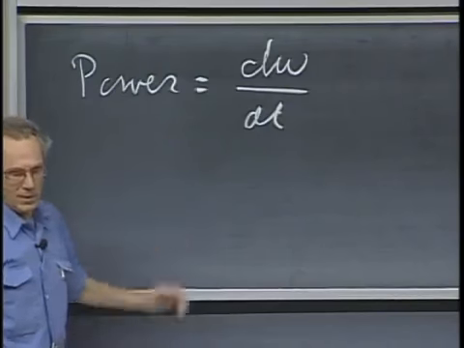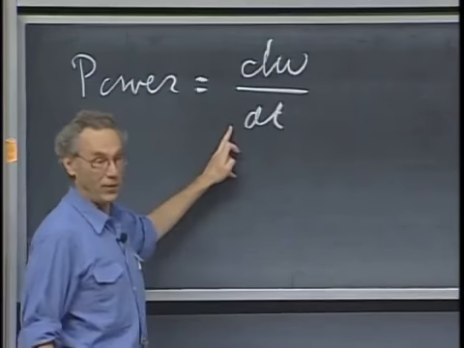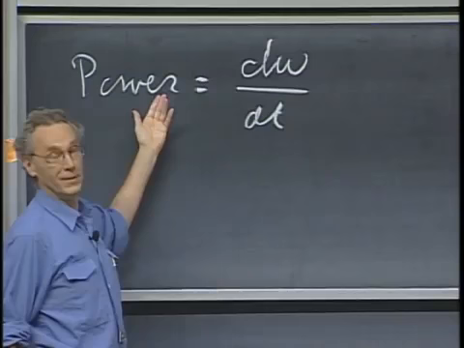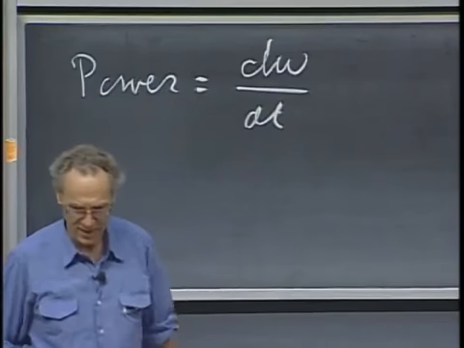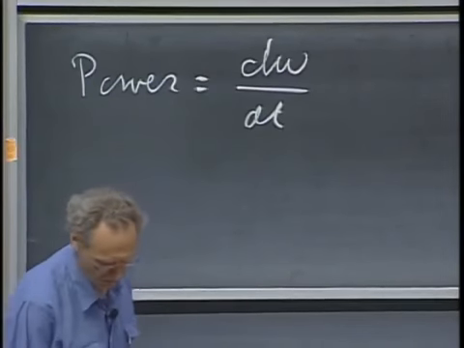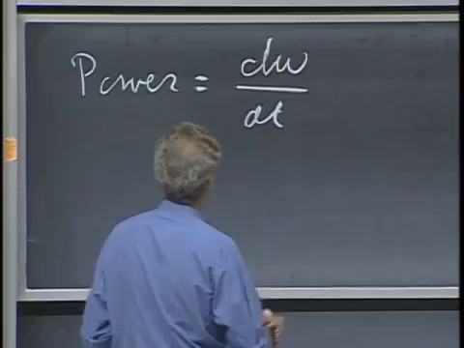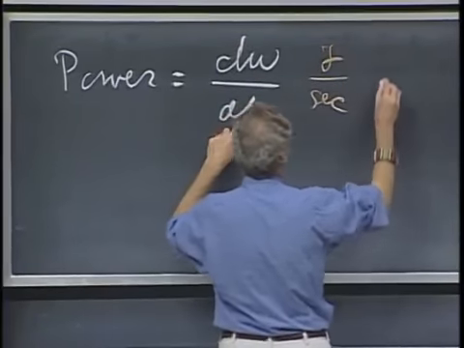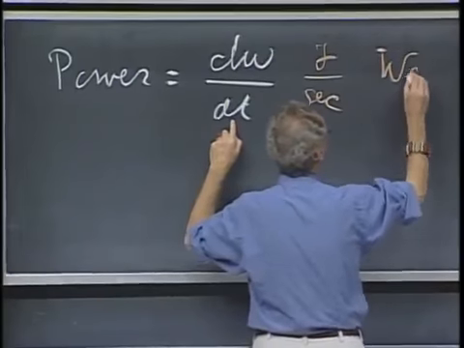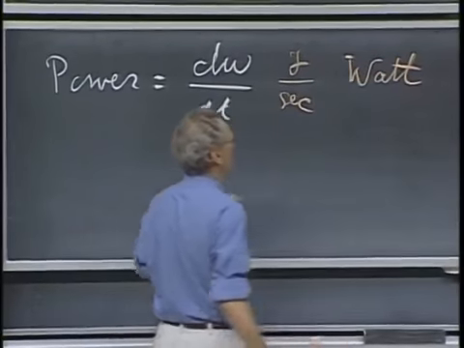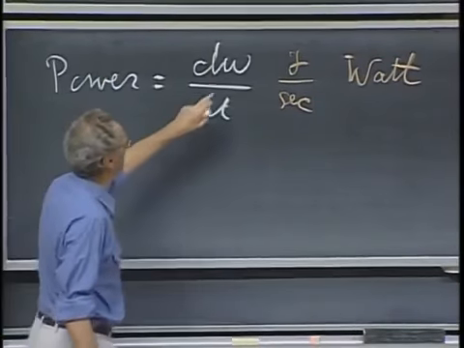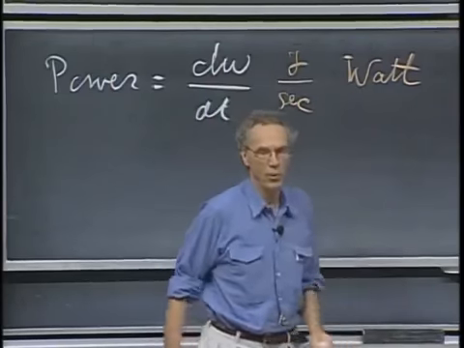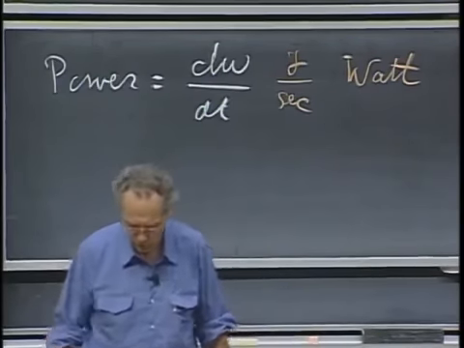Political power, you can do no work at all in a lot of time, and you have a lot of power. Here, in physics, life is not that easy. The units of power are the units of work, which is joules per second, for which we often write W, which is named after the physicist Watt. Don't confuse this W for work with the W for watt, which is 1 joule per second.